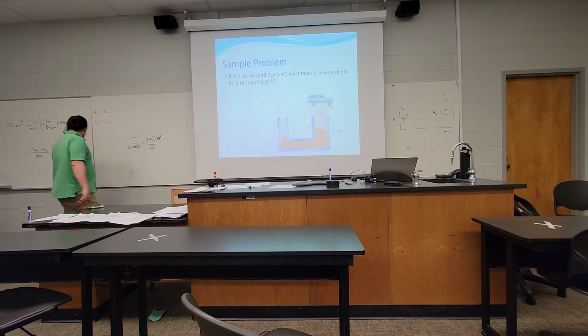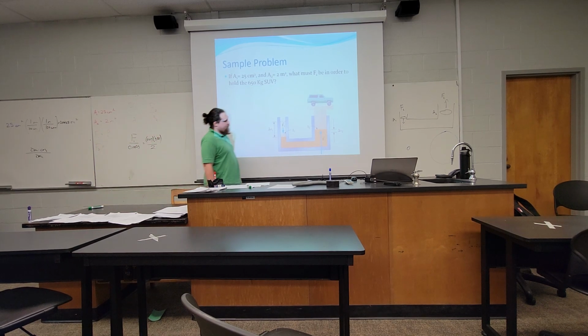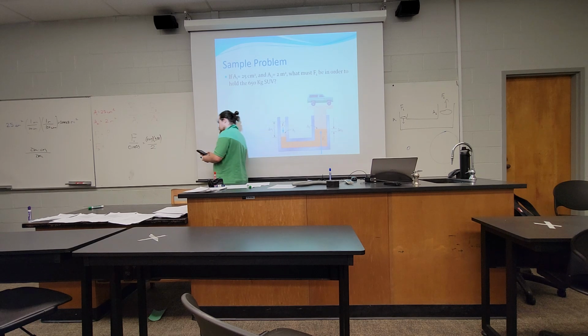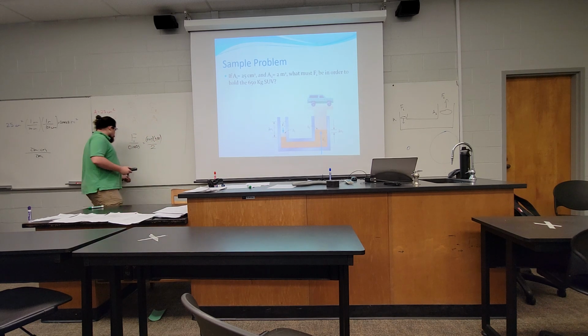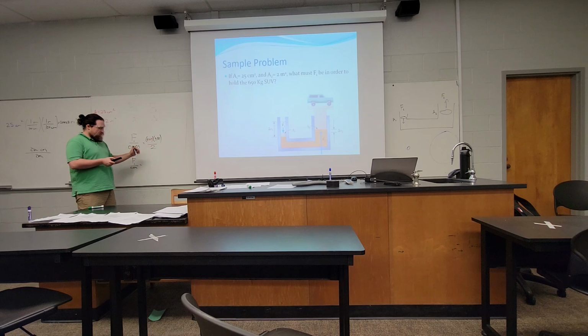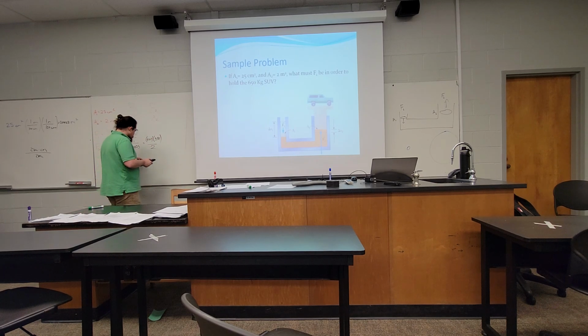I'm going to show my algebra steps because I feel like I haven't been doing that enough lately. F1 over 0.0025 equals, these two things multiplied is 6,376.5 over 2.